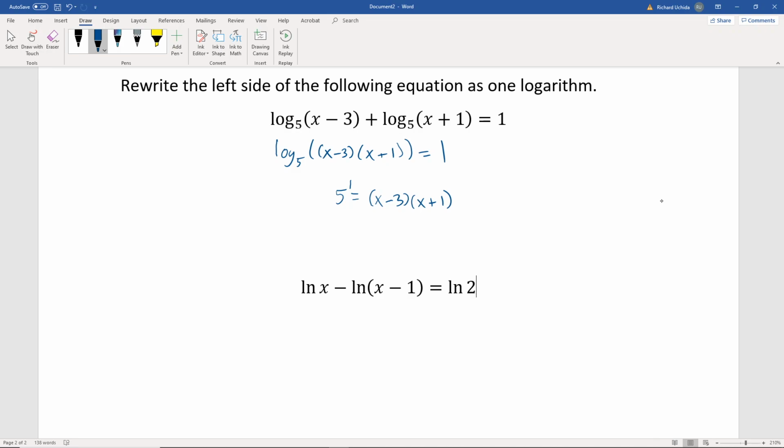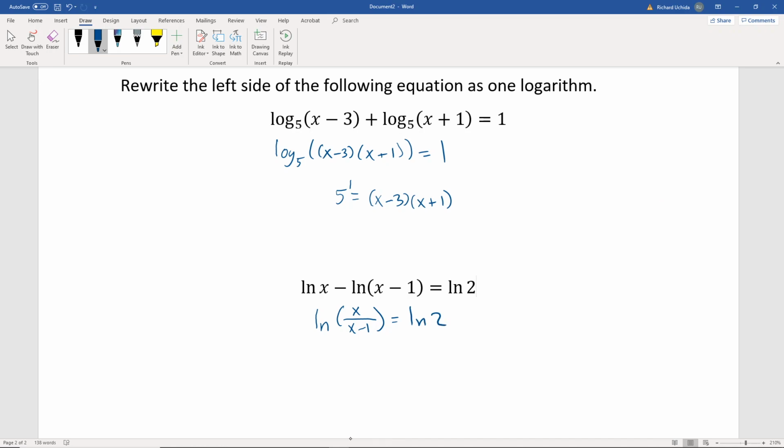Now, similarly, for this second example, if we have the natural log of x minus the natural log of (x minus 1) equals the natural log of 2, again, rewriting the left-hand side, remember when we have the difference of two logs, that's equal to the log of the quotient of their insides. So this will equal the natural log of x over (x minus 1) equals the natural log of 2.